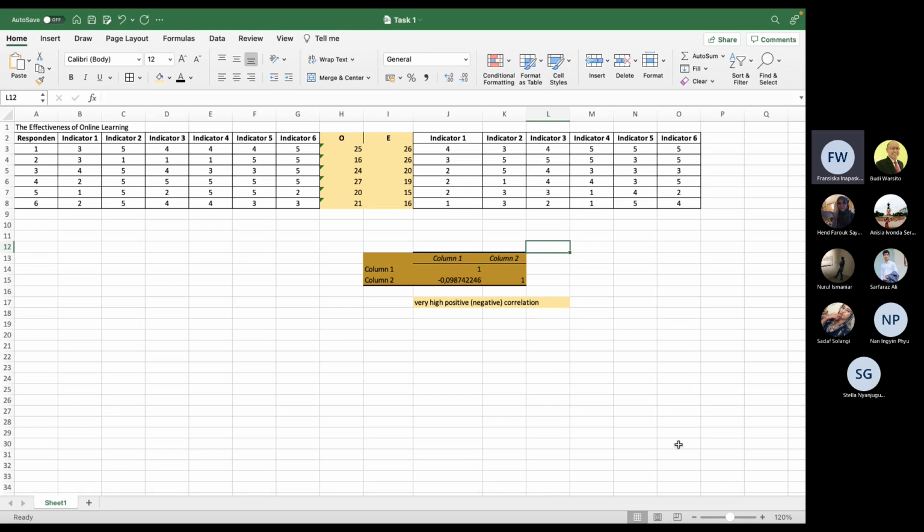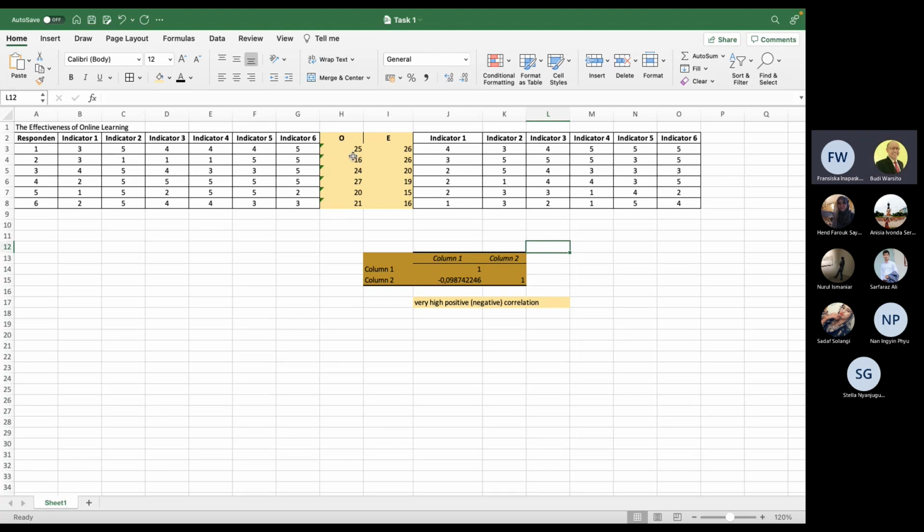So in here, I have two variables, sir, and I want to find the effectiveness of online learning and also the environment of online learning. For the first variable, I have already calculated the data: 25, 16, 24, 27, 20, and 21.